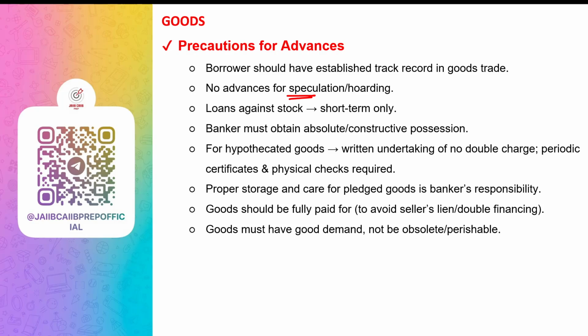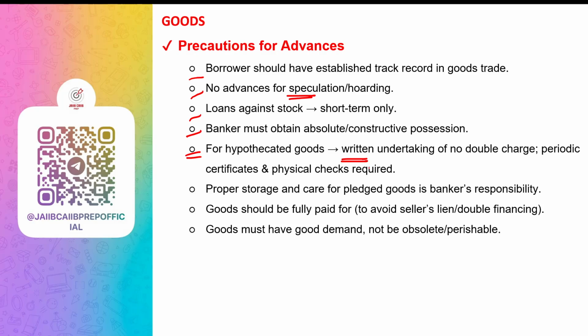The bank must obtain possession, actual or constructive, it doesn't matter, but the possession should be with the bank. A written undertaking in case of hypothecation that the goods will not be charged elsewhere. So for hypothecation, written undertakings should be given.